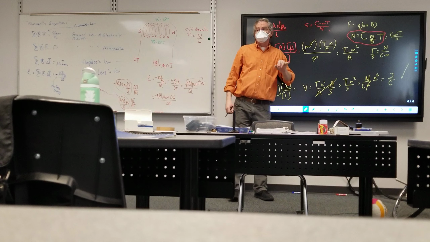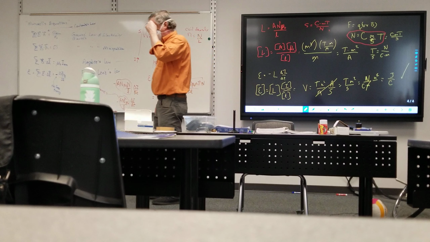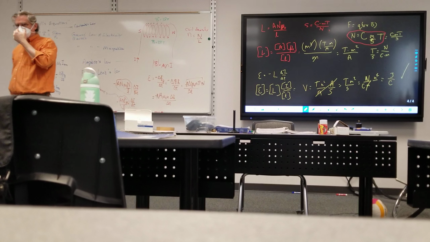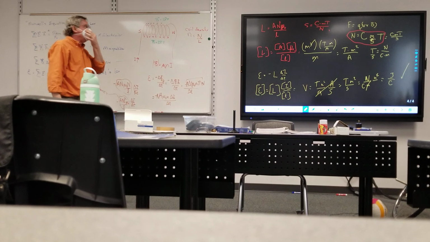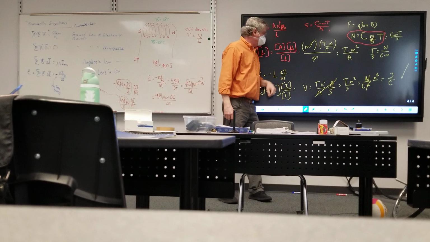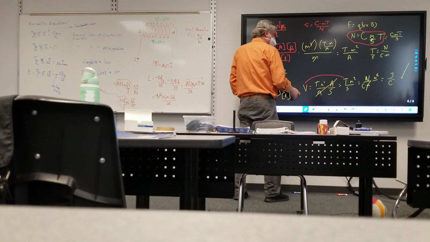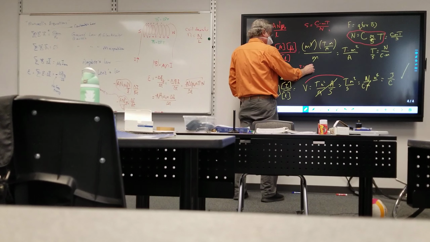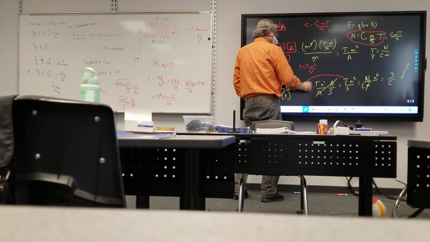Coulomb meter Teslas per Newton is a second. You can play around with this enough, and every time a second shows up, we could also say that a second is a Tesla meter squared per volt.